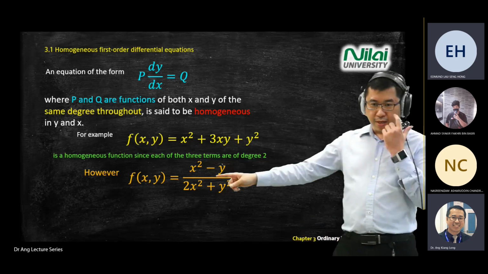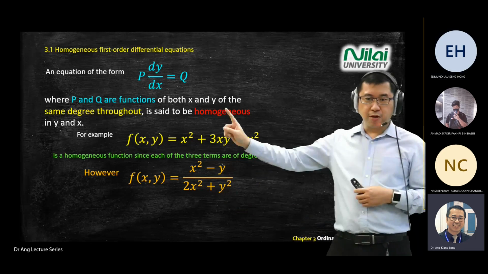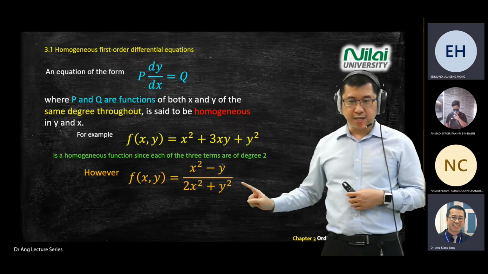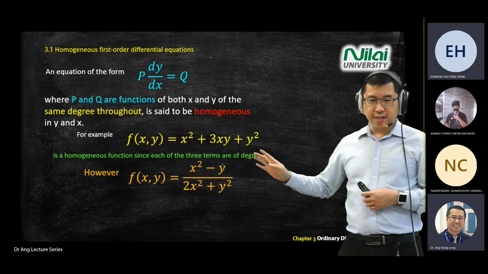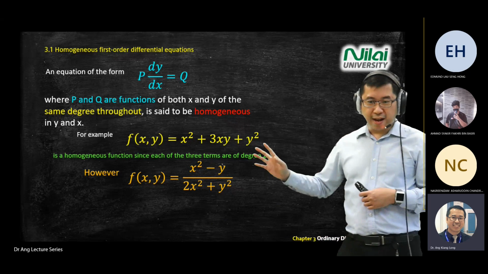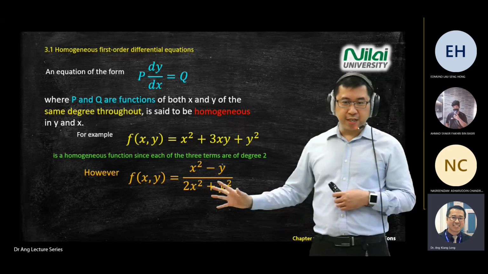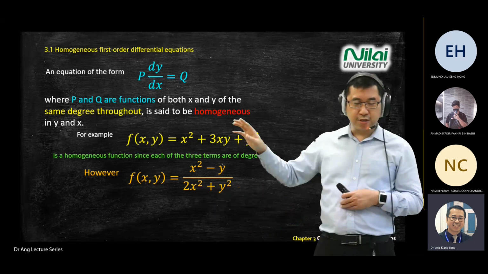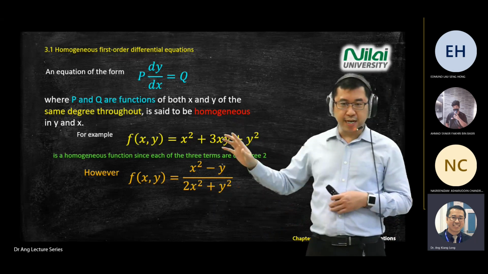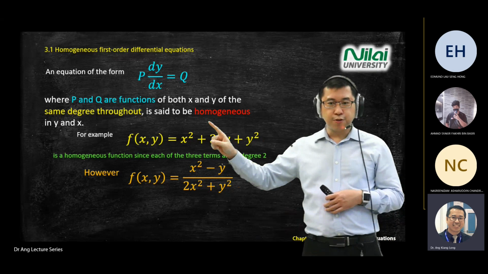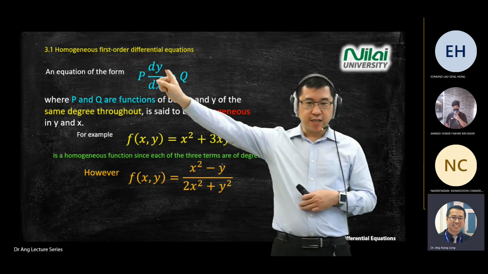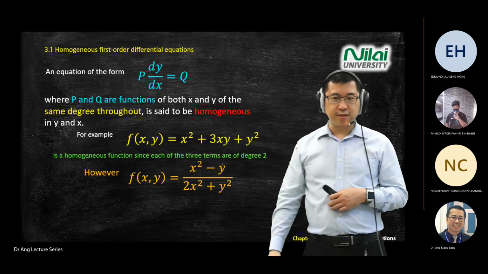So here, again, if it falls under homogeneous, it must be the same degree. So if you see this one, the steps that I teach you after this cannot be used for something like this. After these slides, the steps that I teach you to solve are for homogeneous first order differential equations.